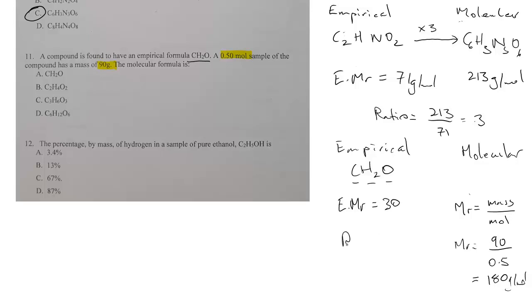And therefore we can calculate the ratio. The ratio is 180 divided by 30, which happens to be 6. So the empirical formula needs to be multiplied by 6 in order to get the molecular formula.